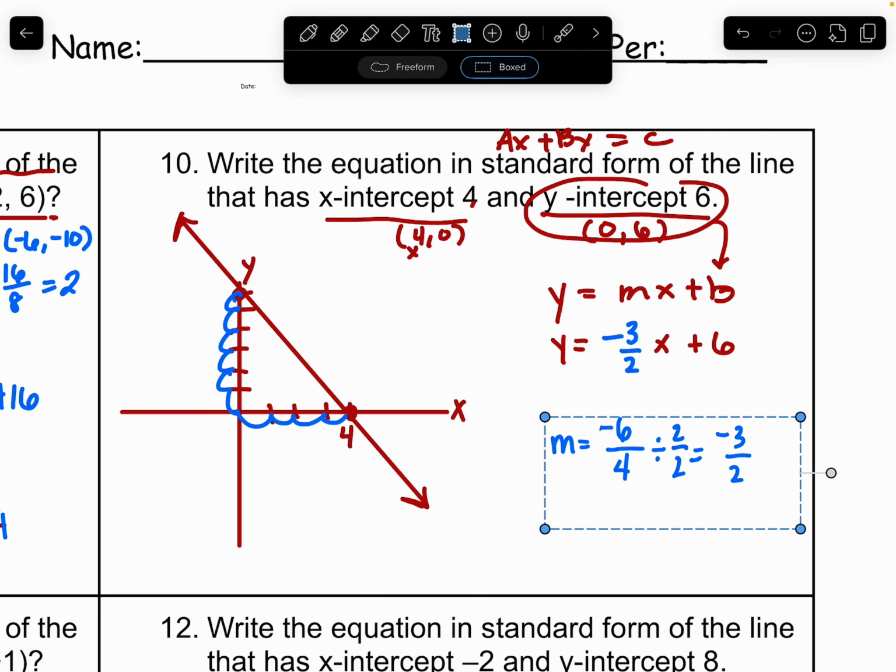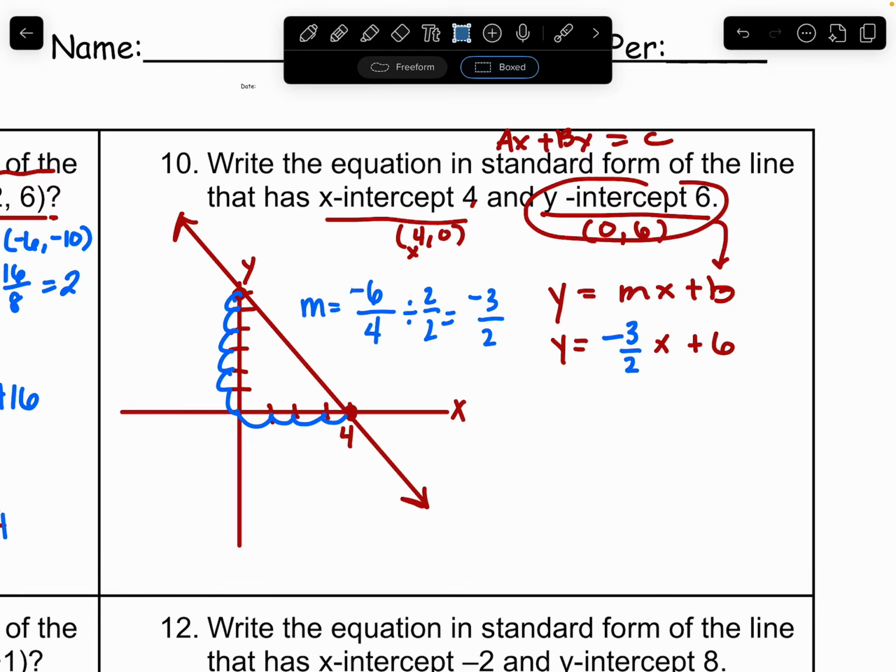So now we have y equals mx plus b. But the question is saying to write it in standard form. So you want to solve for b. Let's solve for b. All we do is move the x, right?